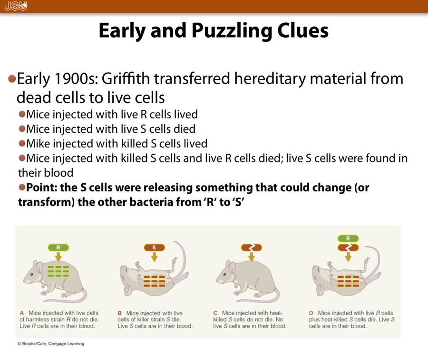When he put broken apart smooth bacterium in, the mouse lived. But what if he put the rough bacteria and the broken apart smooth bacteria together? Well, you'd think if neither of them were harmful, that would not be harmful either. But it was harmful.